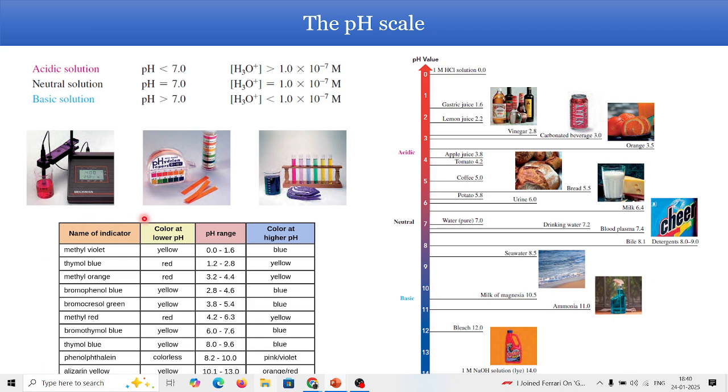These are the commonly used indicators, and their pH ranges are mentioned over here. You can use this to determine the acidity or the basicity of the solution, because the indicator has a different color at a lower pH and changes color when it goes to a higher pH range.